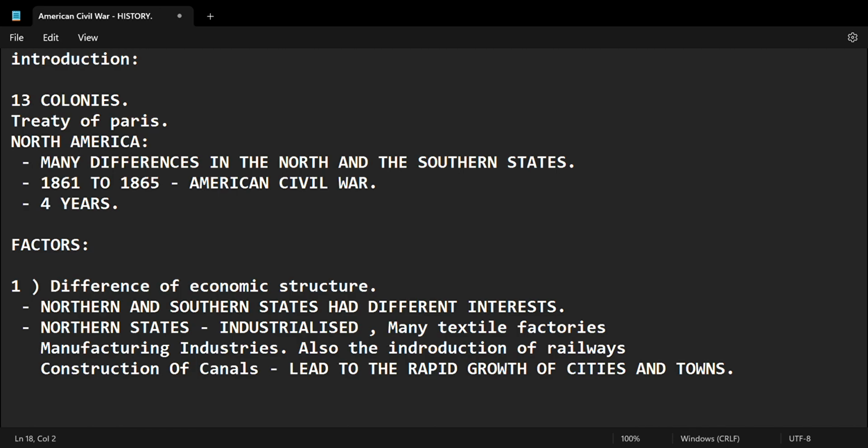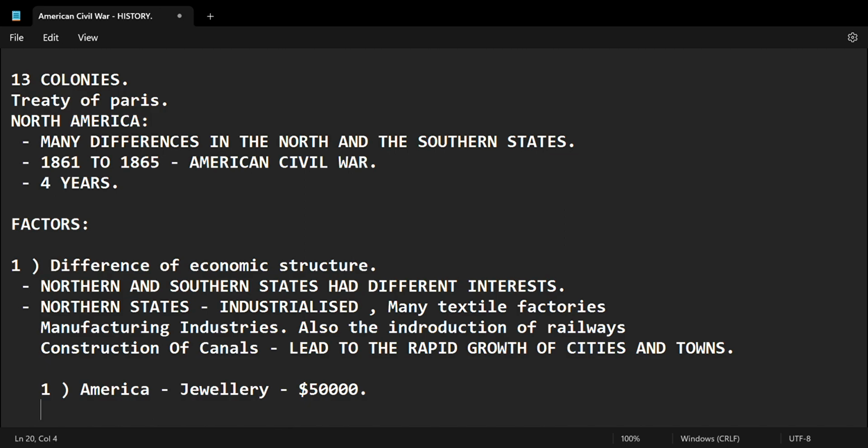Northern states wanted to impose tariffs on imported goods to protect their industries from further foreign competition. So imagine, I'll explain this to you in an easier manner. Example, this is shopkeeper number 1 from America. Let's say he makes jewelry, and he puts the price in the market at $50,000.